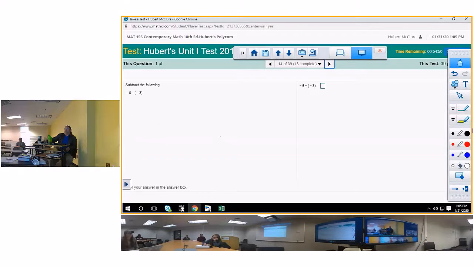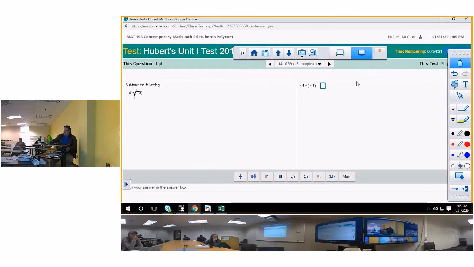Oh my Lord, let's change this. Two negatives turn into a what? Positive. So you have $6, you owe $6, you have $3. What's the outcome if you owe somebody $6 and you give them 3? You still owe them negative $3.